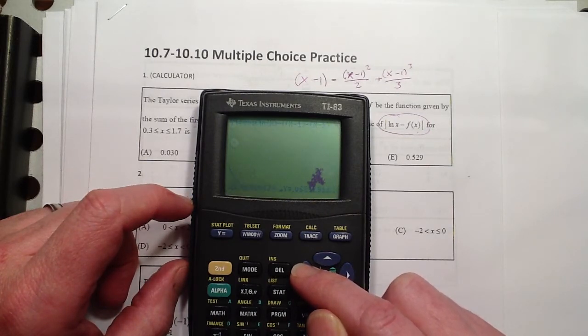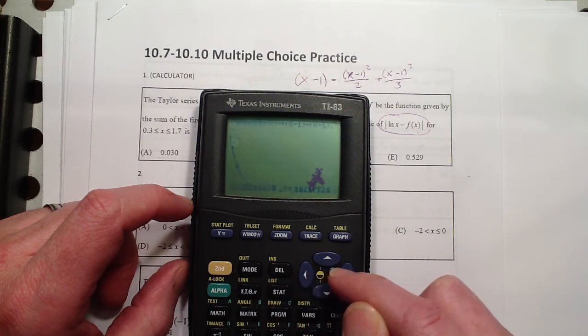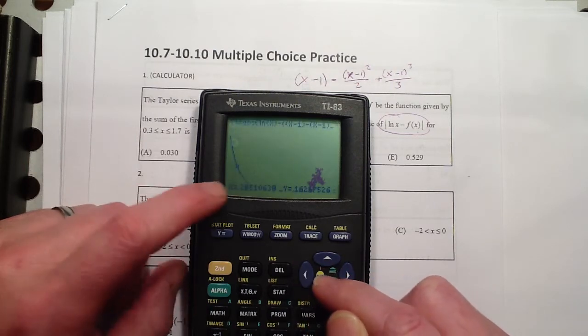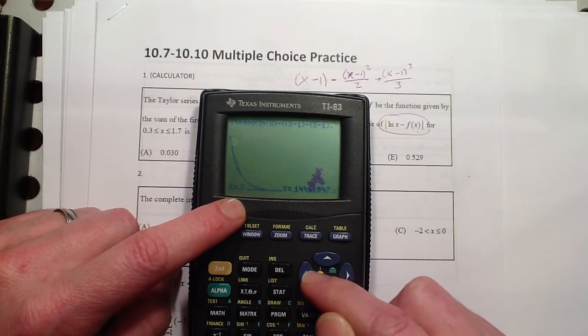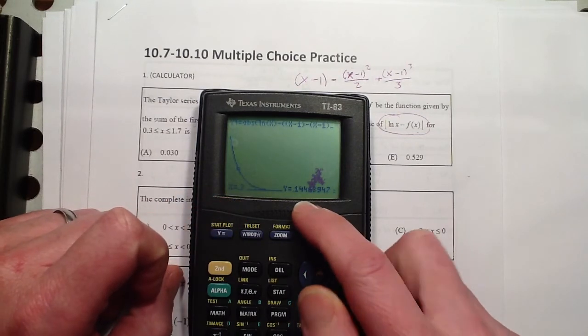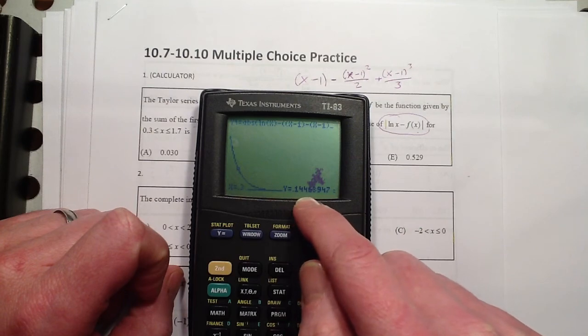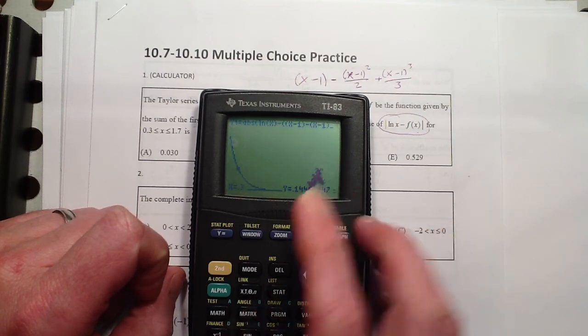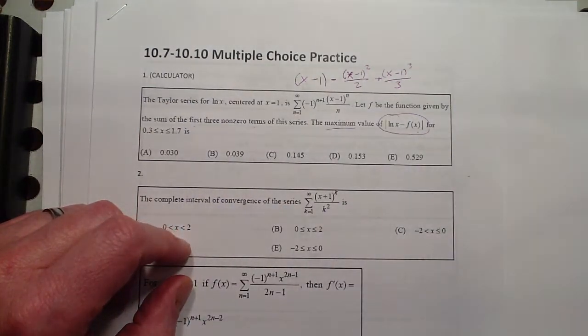There it goes. And we want it at x equals 0.3. There it is. Great. This looks like it's 0.145. And there it is.